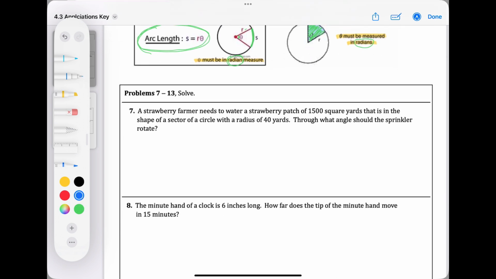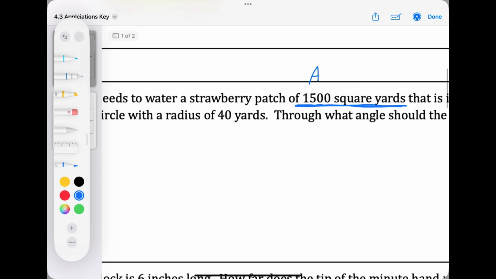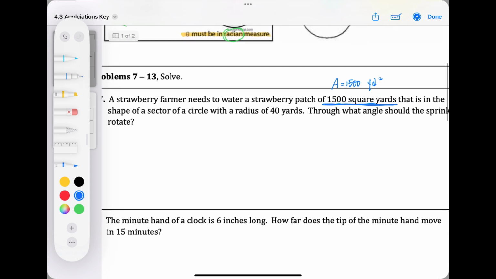All right, number 7. A strawberry farmer needs to water a strawberry patch of 1,500 square yards. So what does it tell you? This tells you this will be my area. So I have an area that is equal to 1,500 yards squared, okay? And that is in the shape of a sector.